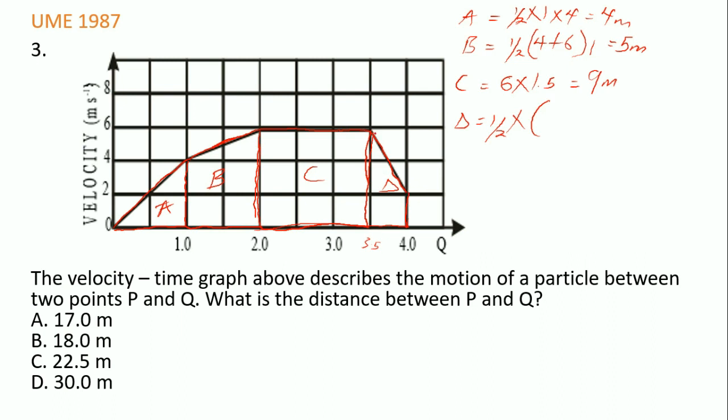So I have 6 plus, from here to here, that is 2. Then the height from here to here, that is 0.5, 4 minus 2.5, that is 0.5. So we will be having 1/2 times this is 8, then times this is also 1/2.